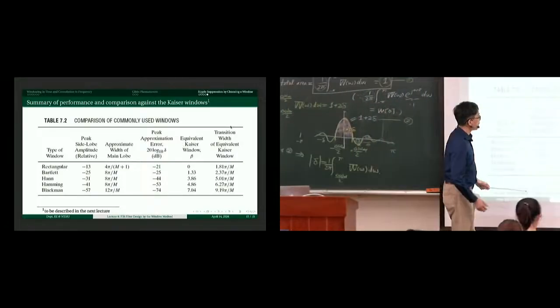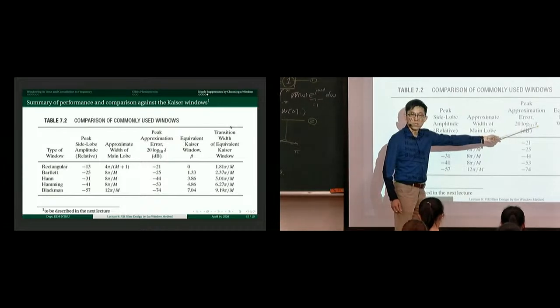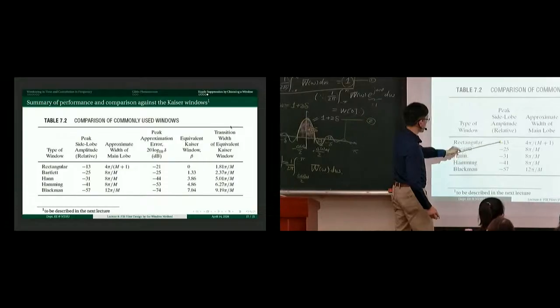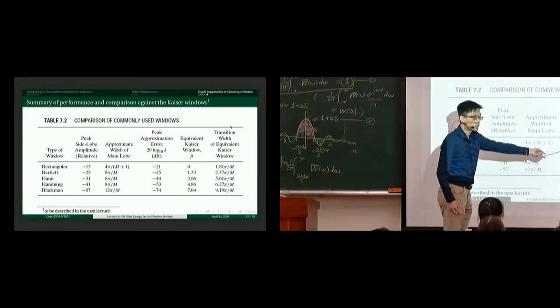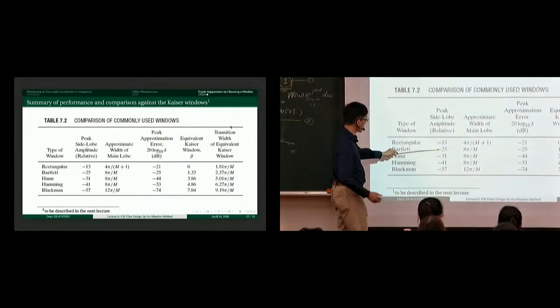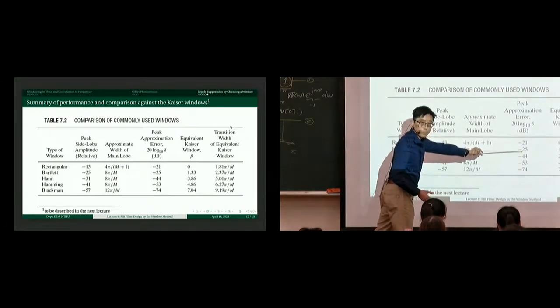So therefore, peak approximation. Now we are talking about delta. Roughly speaking, when we have a tall side lobe right here, we have large approximation error. When we suppress the side lobe, this approximation error gets better.